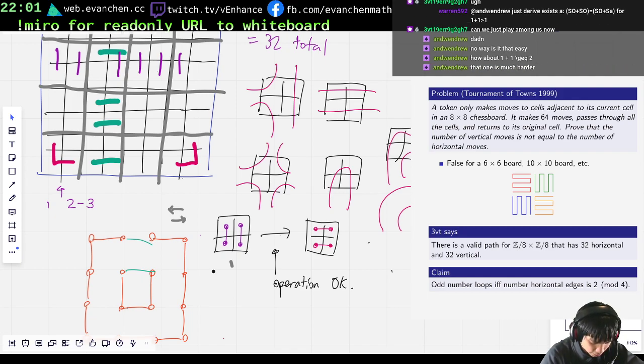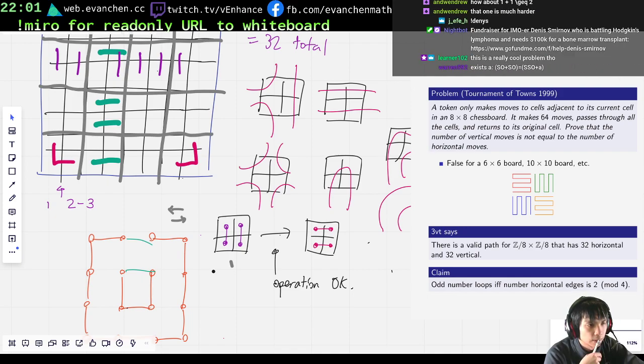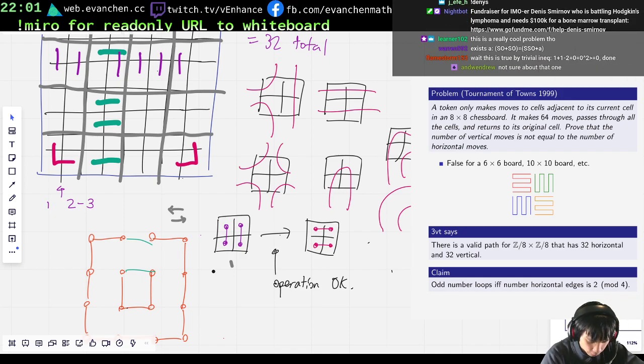See, when I'm here, I'm actually in this stuck state. 7, 8, 2 mod 4. Yeah, I agree this is a good problem. I also just don't know what I'm doing anymore.